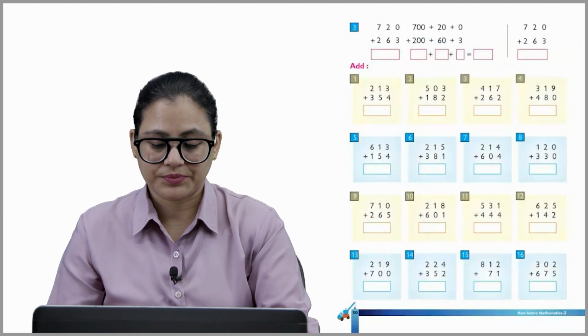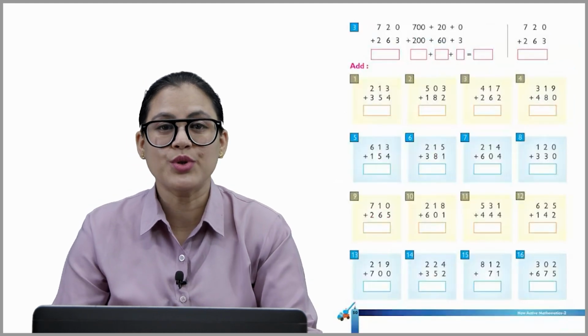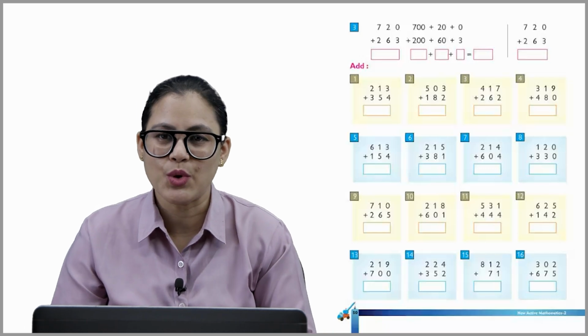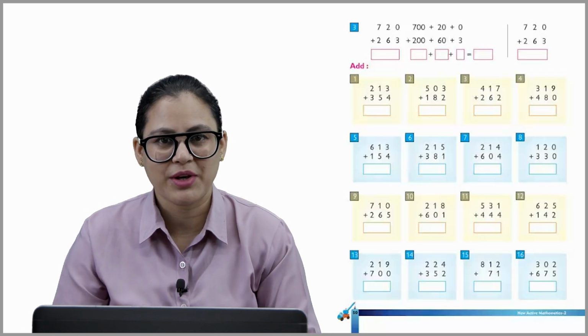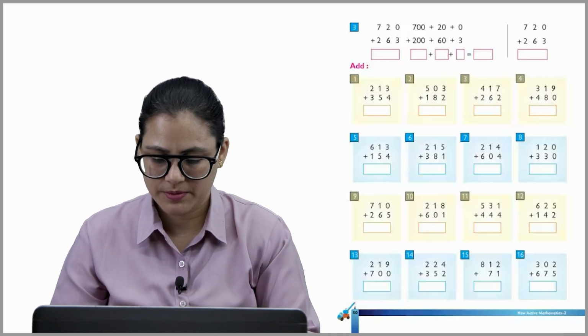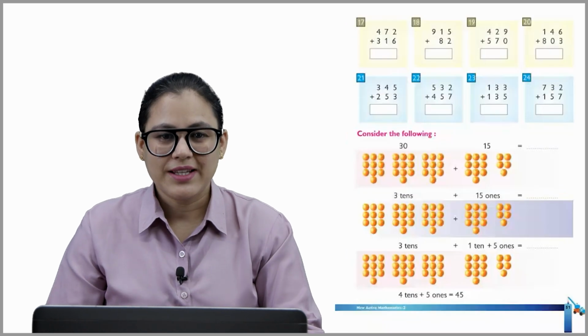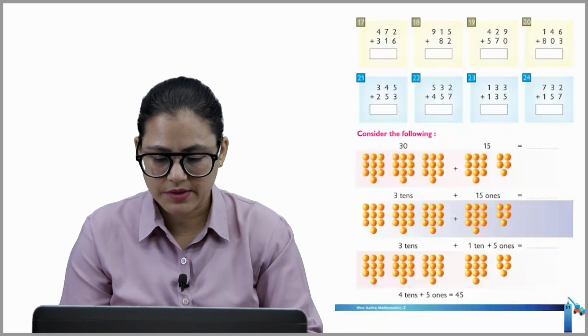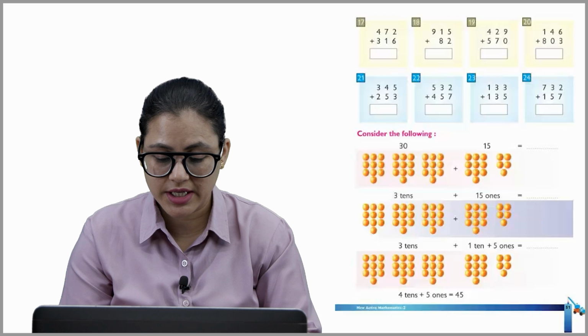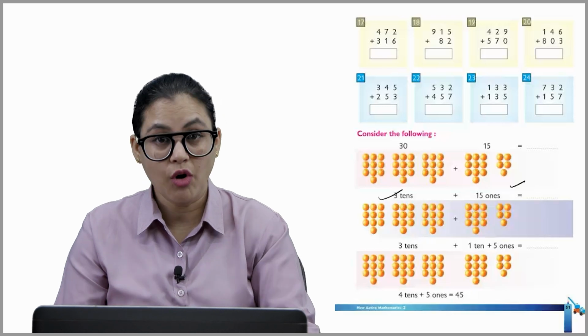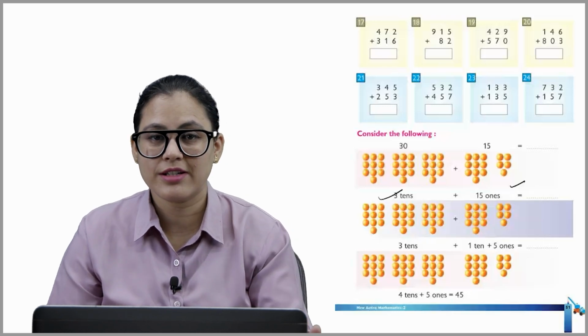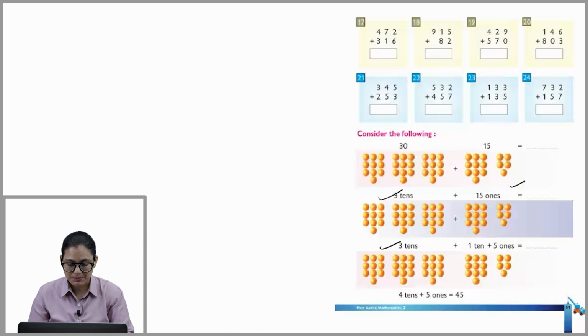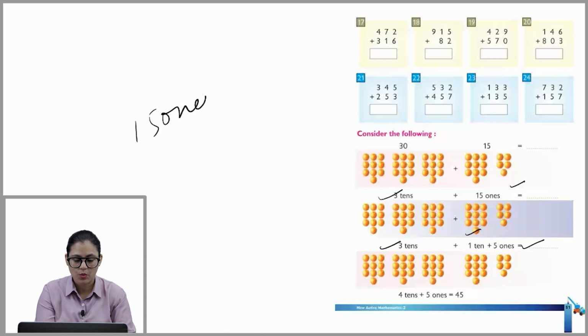Next, add. Now you know how to add 3-digit numbers. You can do all these sums by yourself. Consider the following. See, 30 plus 15, or you can say 3 tens plus 15 ones, or how can we write it? 3 tens plus 1 ten plus 5 ones, because 15 ones is 1 ten plus 5 ones.